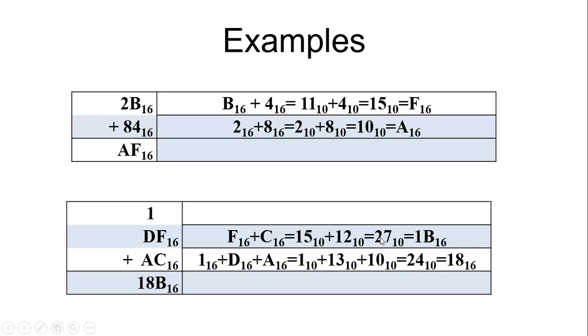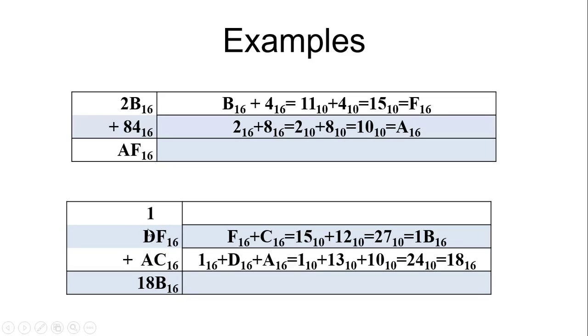Convert it back to hexadecimal; we know how to convert decimal into hexadecimal. So this is the sum digit and this is the carry digit. We place the sum digit under this column, and we move this 1 to the next column as carry.